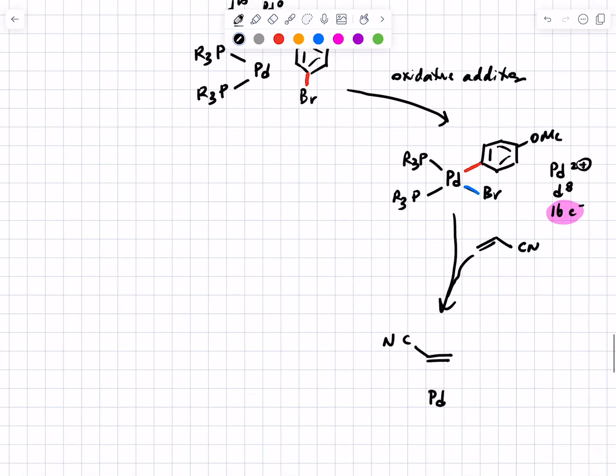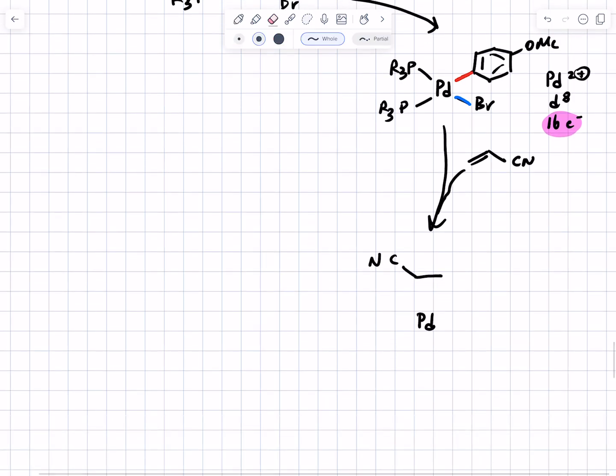We could do something like this, but that's a lot of dotted lines and it seems kind of confusing. So we just make sure we know that the pi bond is there, and we draw a dotted line here to indicate that those pi electrons are coordinating the metal.